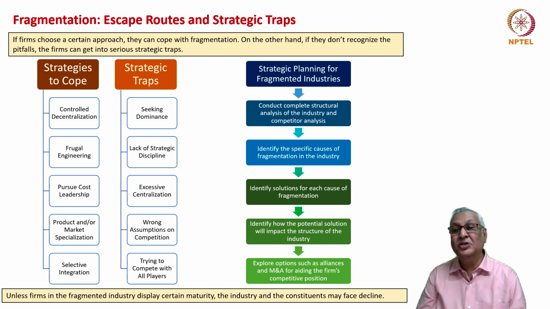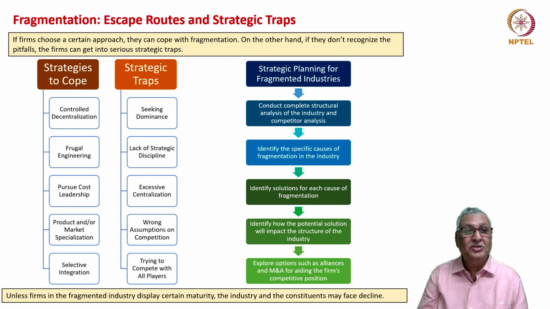So how do we then do strategic planning for fragmented industries? First, conduct a complete structural analysis of the industry as it goes towards fragmentation or when it is fragmented. Conduct also a thorough competitor analysis. Identify the specific causes of fragmentation in the industry, and as we have outlined, identify solutions for each cause of fragmentation.